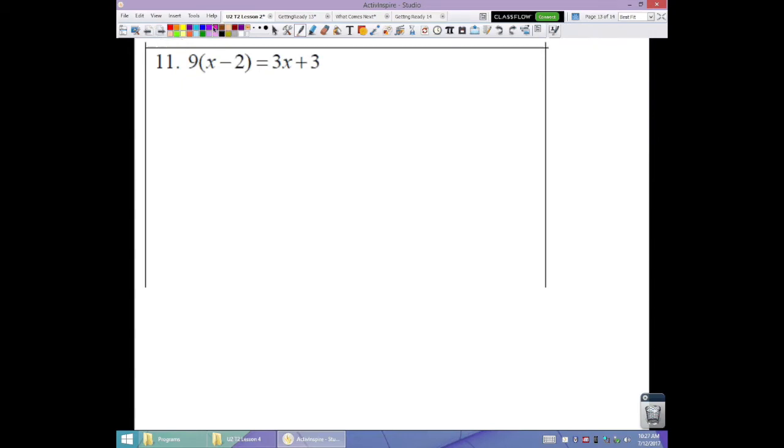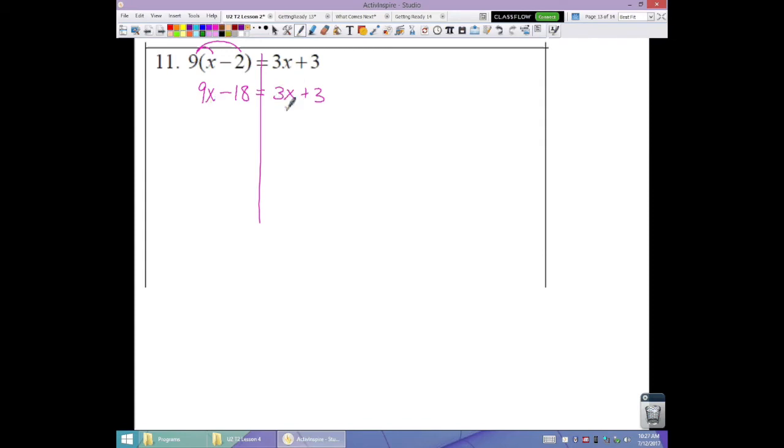Number 11. Again, parentheses only on the left, so distribute the left-hand side. 9 times x, 9x. 9 times negative 2, negative 18. Equals 3x plus 3. X is on both sides. Let's eliminate one of them.